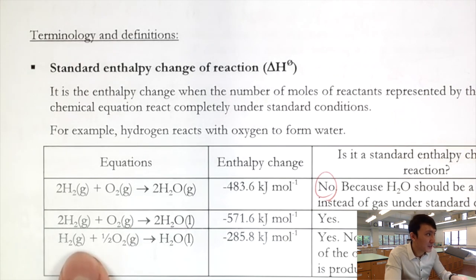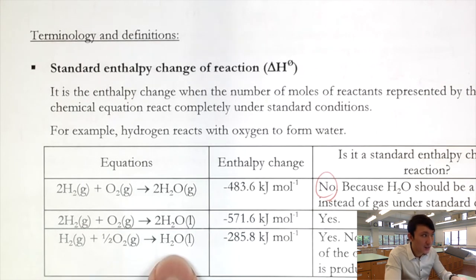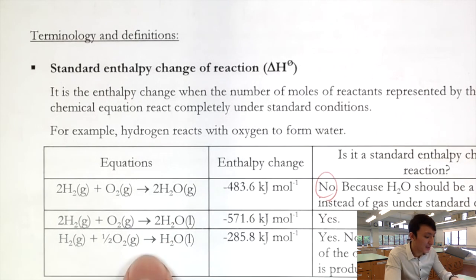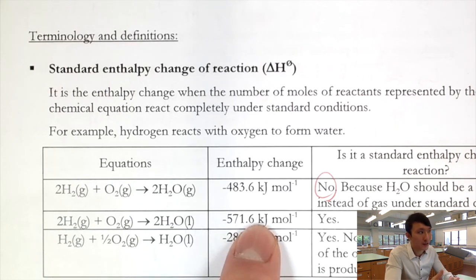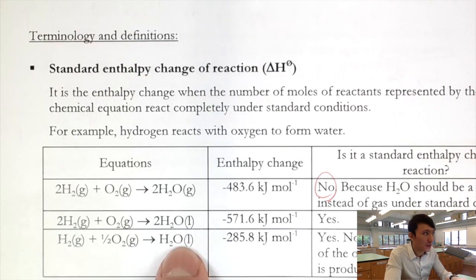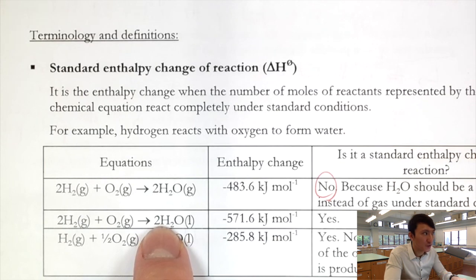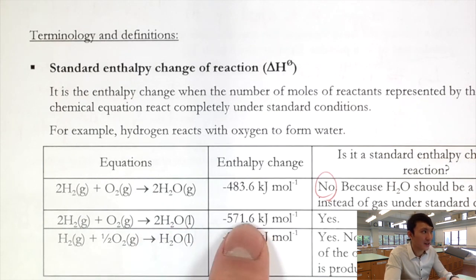Now down here, this equation is basically half of the second equation, and you notice that the standard enthalpy change is exactly half of that one. That makes a lot of sense, because if you produce 2 moles of water, it releases this quantity of energy.